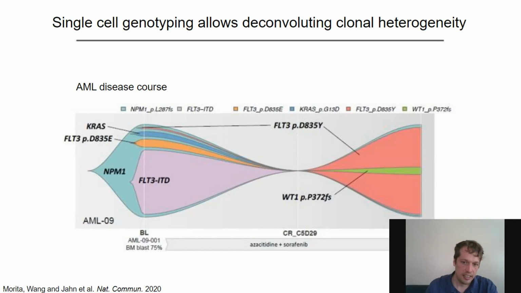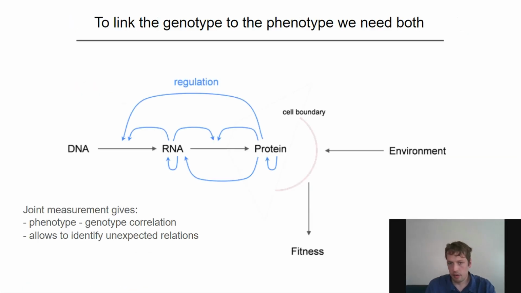And to understand that, I think the genotype is simply not enough information, because we basically already know from the central dogma of molecular biology that although DNA contains all the information, it's translated into the cellular phenotype in protein space or even in functional space through multiple regulatory events, and all of them influence what will be retained or will arrive on the right end of this information flow.